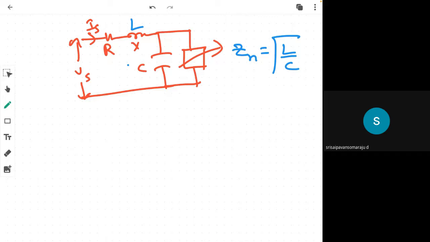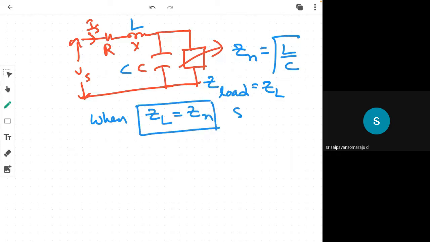When the load ZL is varying, when ZL is equal to Zn, this corresponds to surge impedance loading.